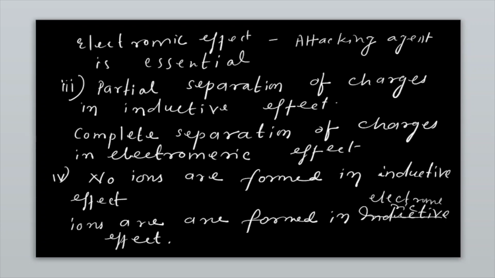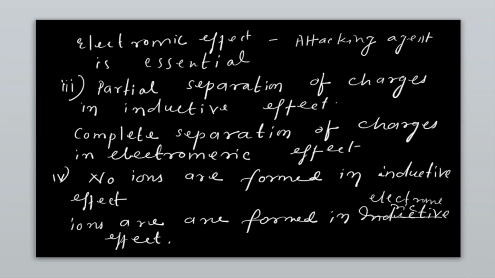Partial separation of charge takes place in inductive effect. That means delta minus, delta plus. Due to positive inductive effect, electron releasing is more; when there is only withdrawing nature and no releasing capacity, that is called negative inductive effect.